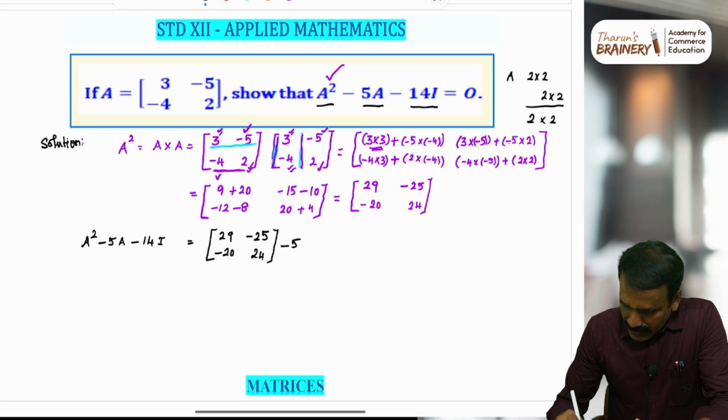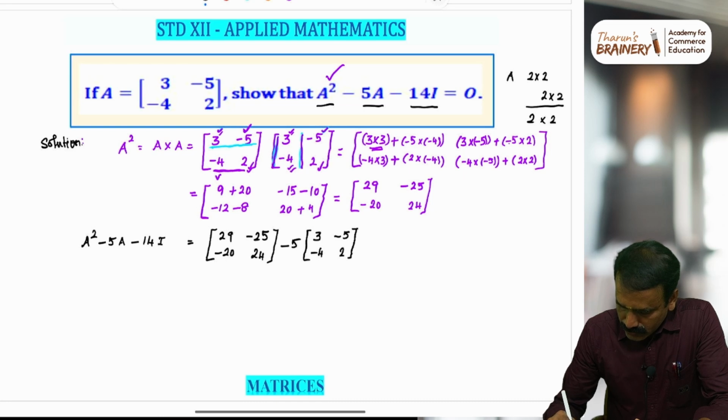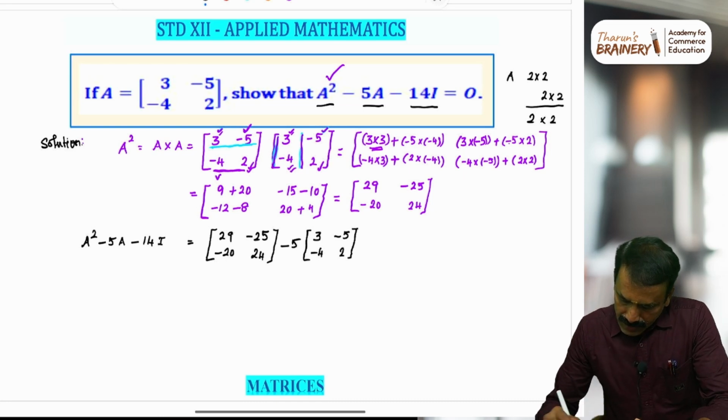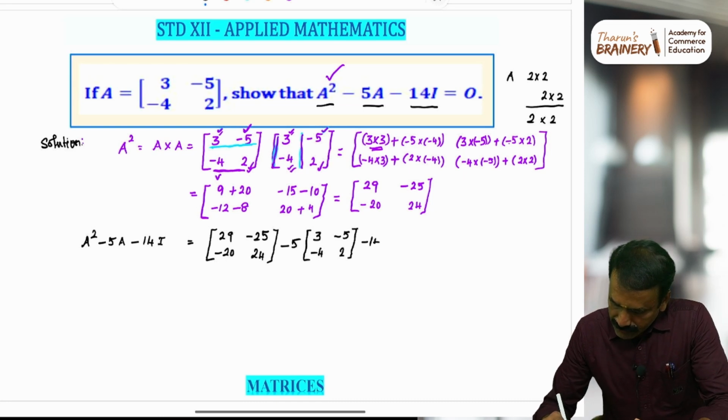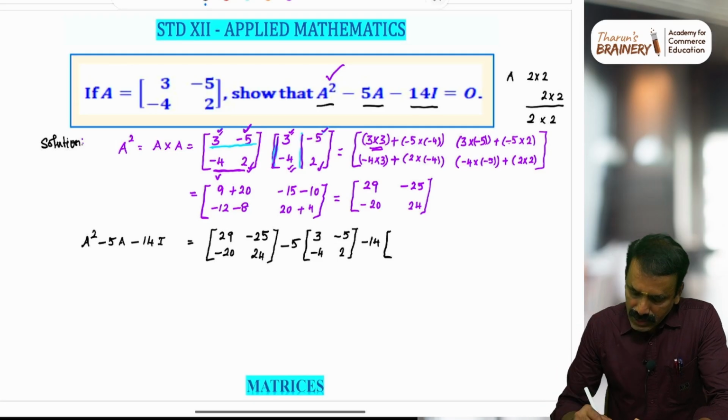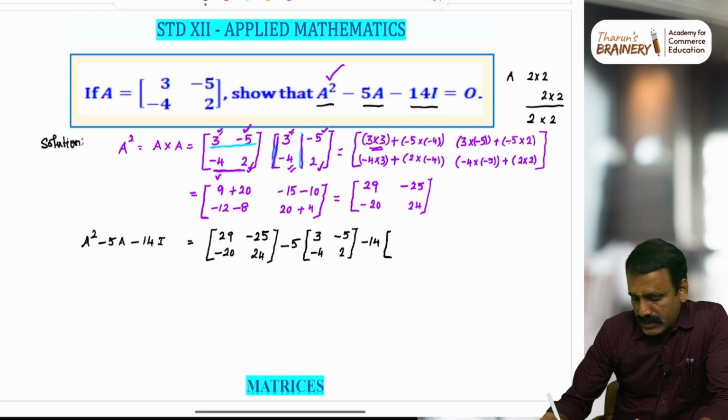Minus 5 into A value now. What is A value? 3 minus 5, minus 4 plus 2. Then minus 14I. So minus 14 into I matrix. I is going to be of order 2 by 2 again. So it is a unit matrix of order 2 by 2. How to write? It is 1, 0, 0, 1.